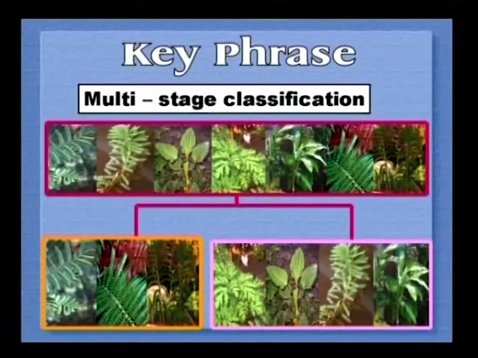Sorting out properties. Sorting out properties. Thank you. Okay, let's see what I have. I have multi-stage classification. Actually, it's sorting out properties. In whatever way we do, it's all about sorting properties.